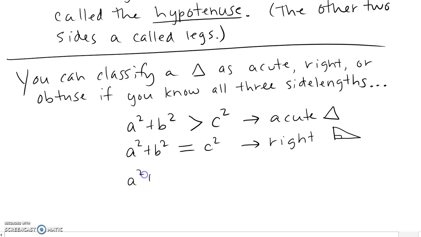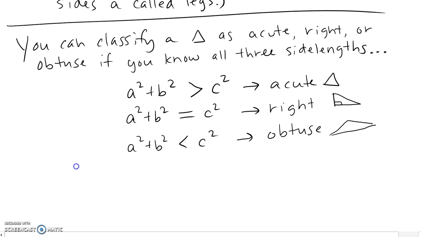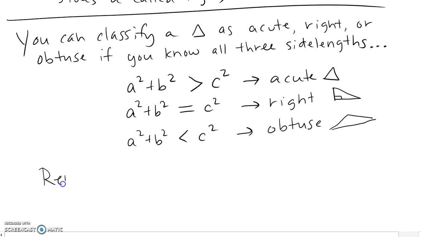If a squared plus b squared is less than c squared, it's an obtuse triangle, which means it has one really big angle in it. Remember that C, we just talked about this, is the longest side.